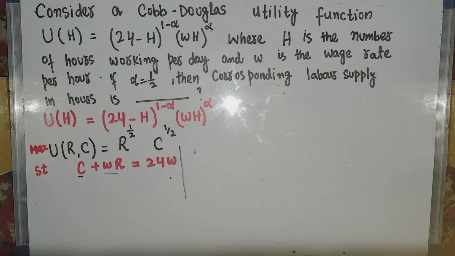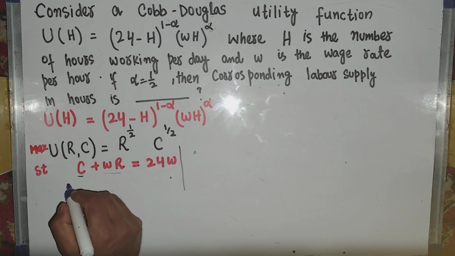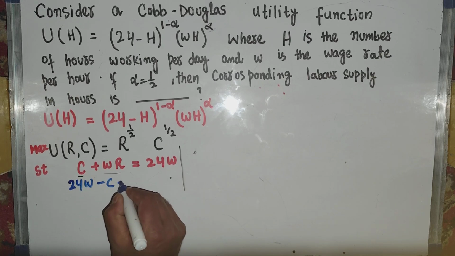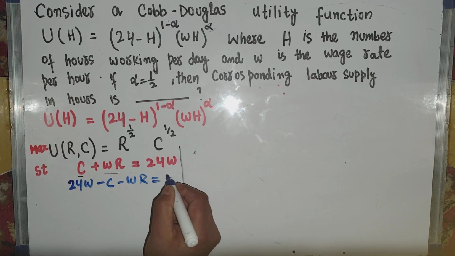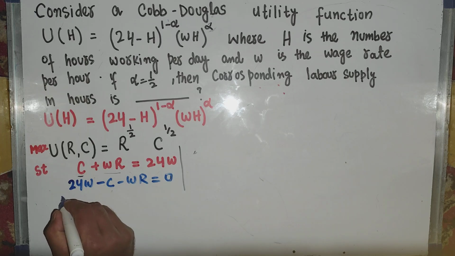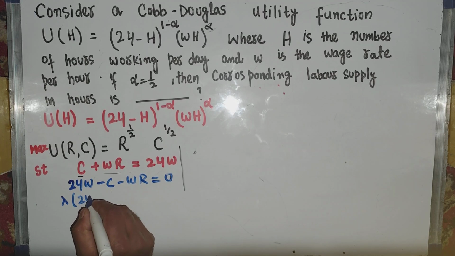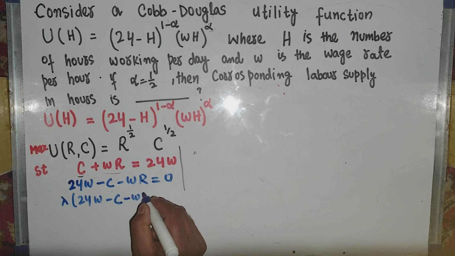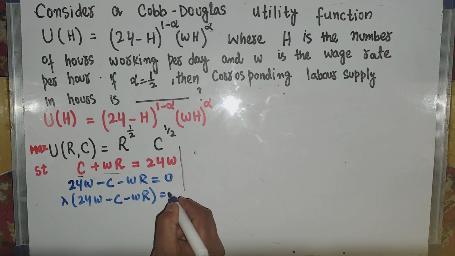For that, we first set this equation equal to 0. So can we write 24 times W minus C minus WR is equal to 0, and multiply both sides by lambda.